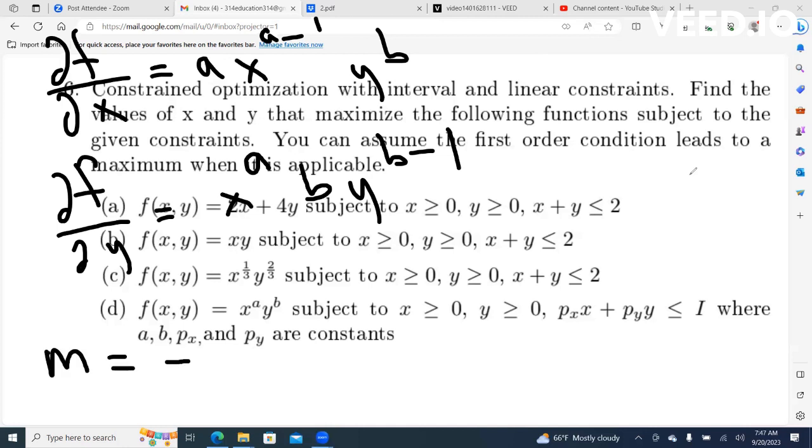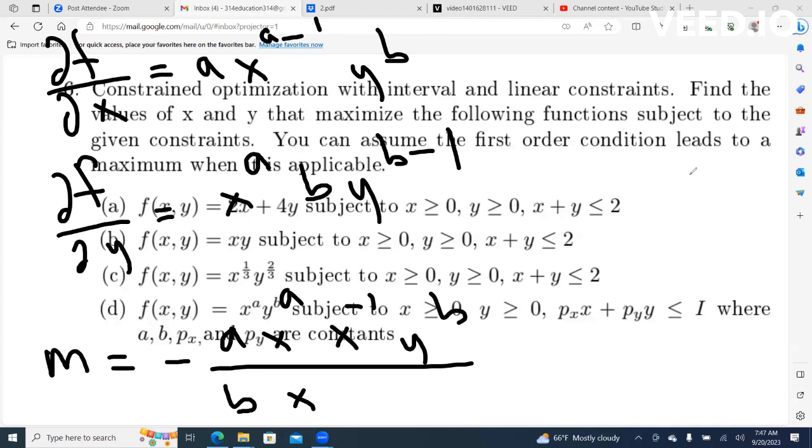Those are those. So our slope, they don't call it m in the book. I'm just calling it m, and it is going to be negative what? If it's delta y over delta x, it's going to be negative partial of x over partial of y. So we have a x to the a, x to the negative 1, y to the b, divided by b, x to the a, y to the b, y to the negative 1. Hopefully we see what I did there. So x to the a cancels, y to the b cancels.